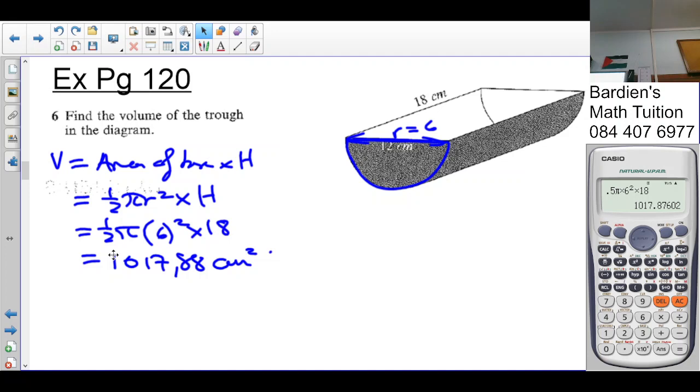Any confusion there? Cubed, yes, absolutely, my mistake. Volume is 3 dimensions, so it's going to be cubed. Okay. Any confusion here? No?